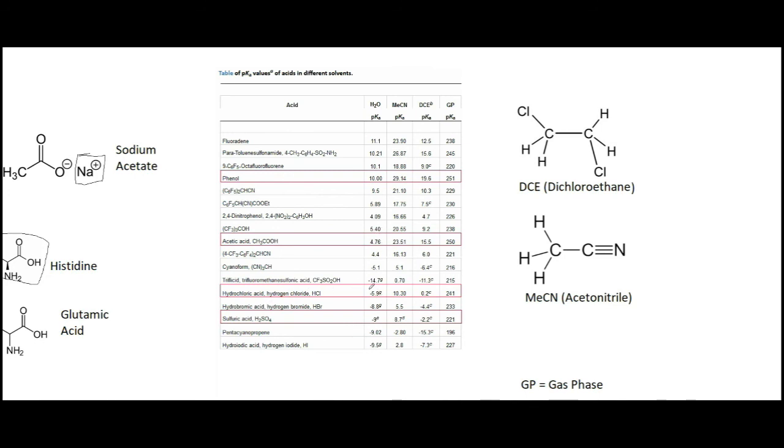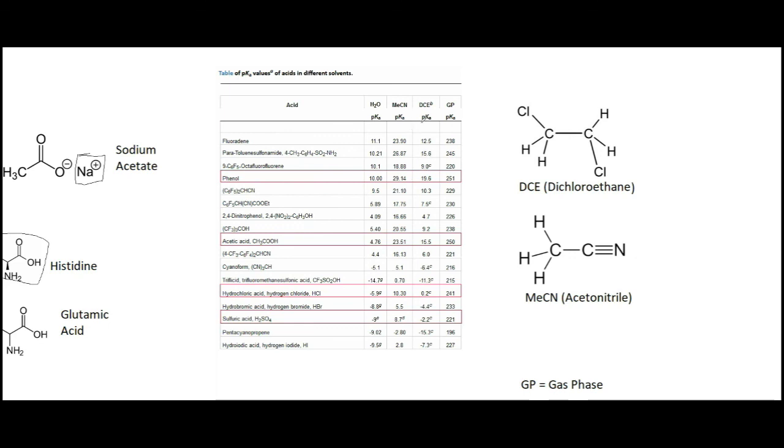Hydrochloric acid says -5.9. There's a little A there because there were some footnotes for sources, but I didn't include that here. So it's around -6, which we've seen before. The sulfuric acid, the first hydrogen on it, is about -9.